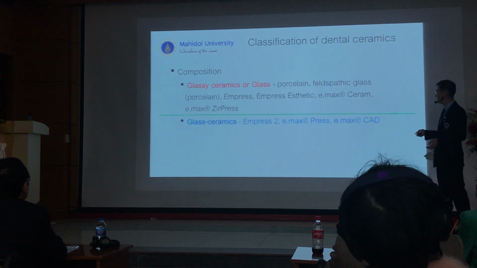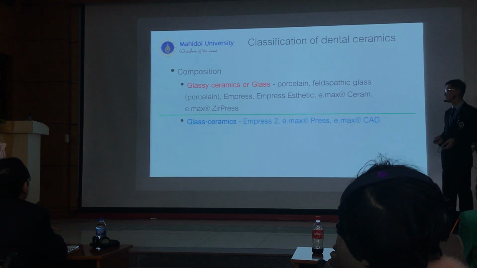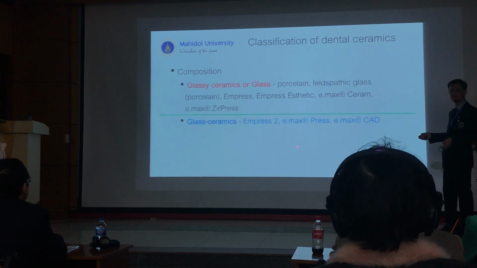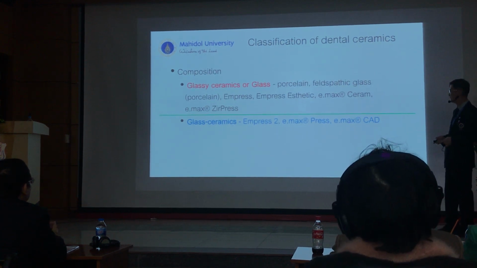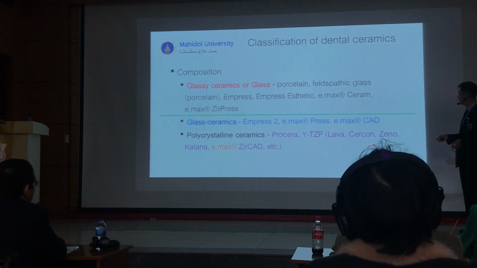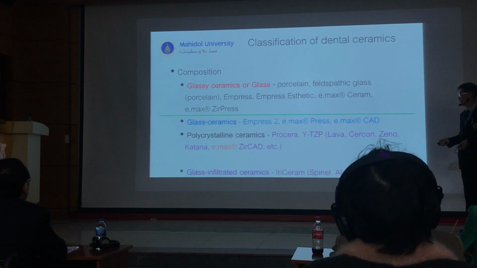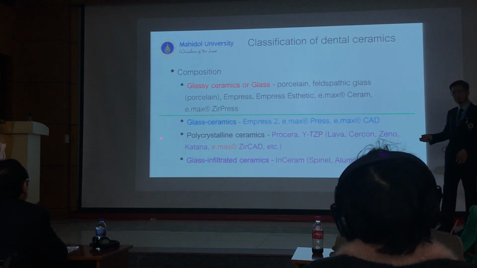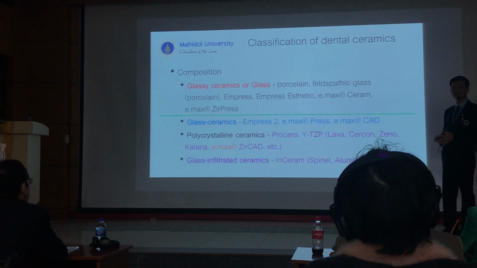Under the green line, it's going to be the group of polycrystal, like glass ceramic. The most popular one is the one that we use a lot, or polycrystal ceramic like zirconia. All the materials below this line are going to be polycrystal.